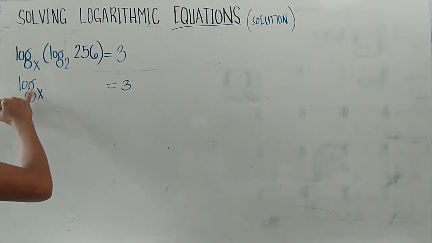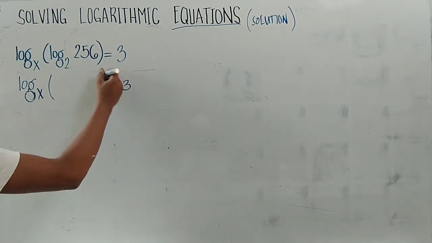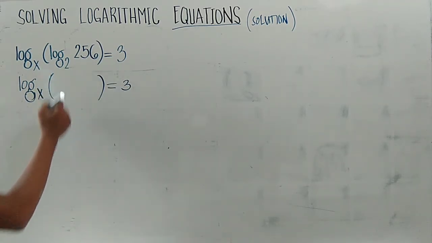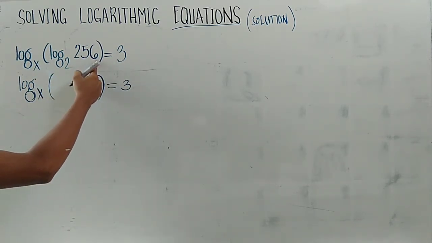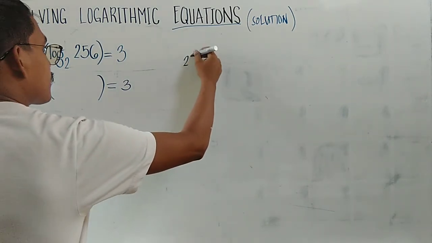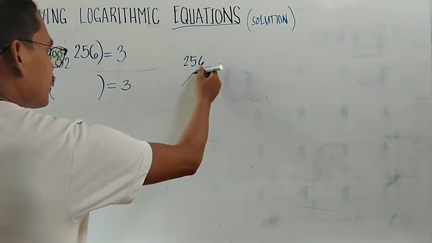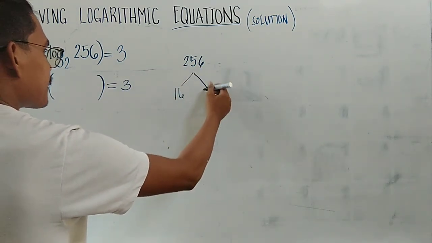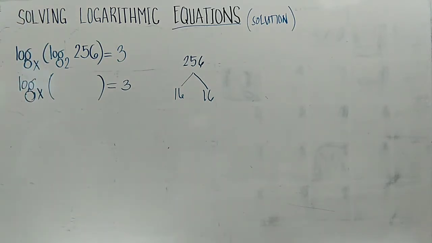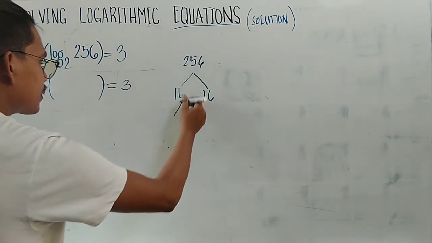Let us simplify first what's inside the parentheses, which is log base 2 of 256. So we have to factor out 256. Let us try 16 times 16. Using your calculator, 16 times 16 is 256.